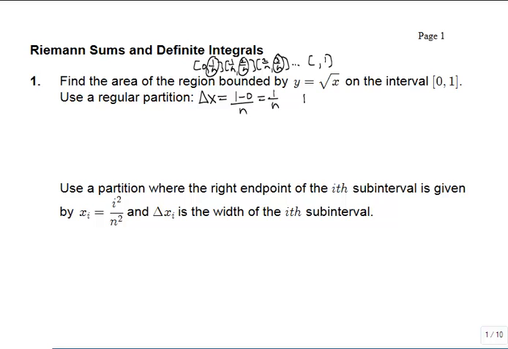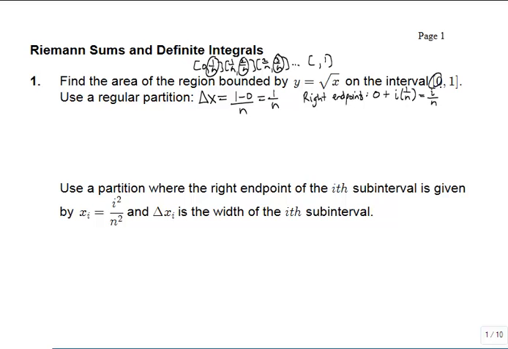So our right endpoints would initially start at 0, which is this initial part of our interval, and then to get that very first right endpoint we would have to add 1 of these widths, and then to get to the second rectangle we'd have to add 2 of these widths, and then 3 of these widths, and so forth. So each time we're going to add i of our widths, 1 over n. So this becomes a nice simple formula. It just becomes i over n.